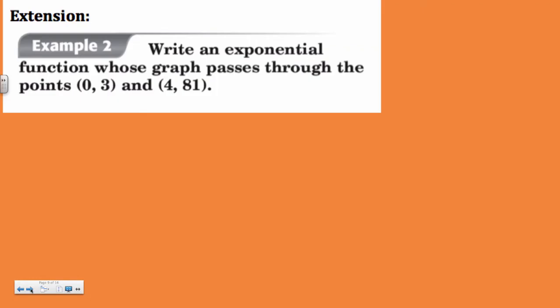For the extension, we would actually have to ask you to write this function through these points. So we've actually talked about this, that the general form of an equation is y equals a times b to the x.